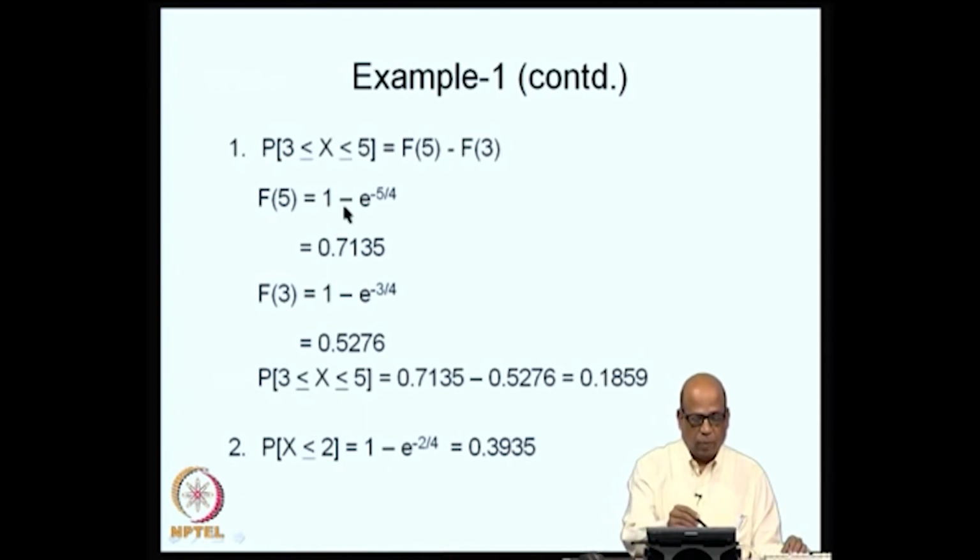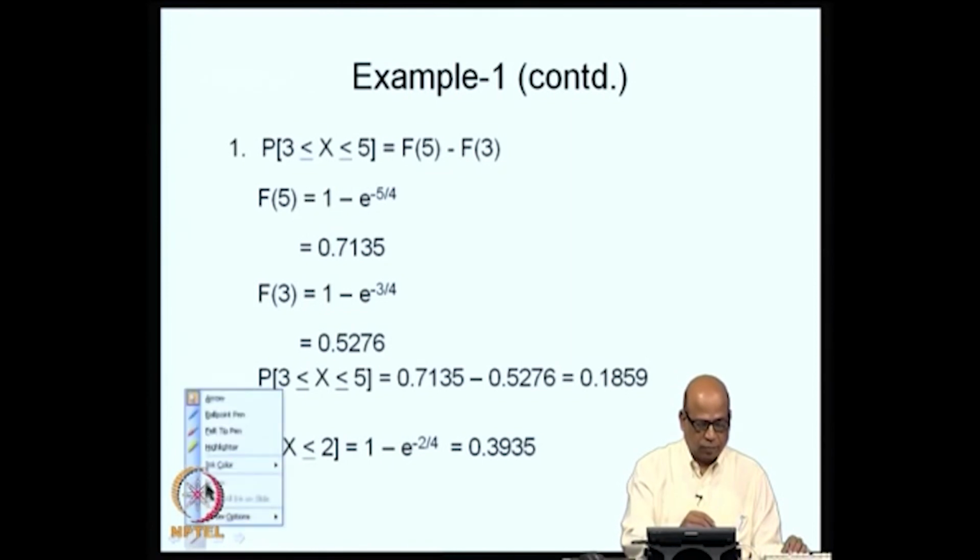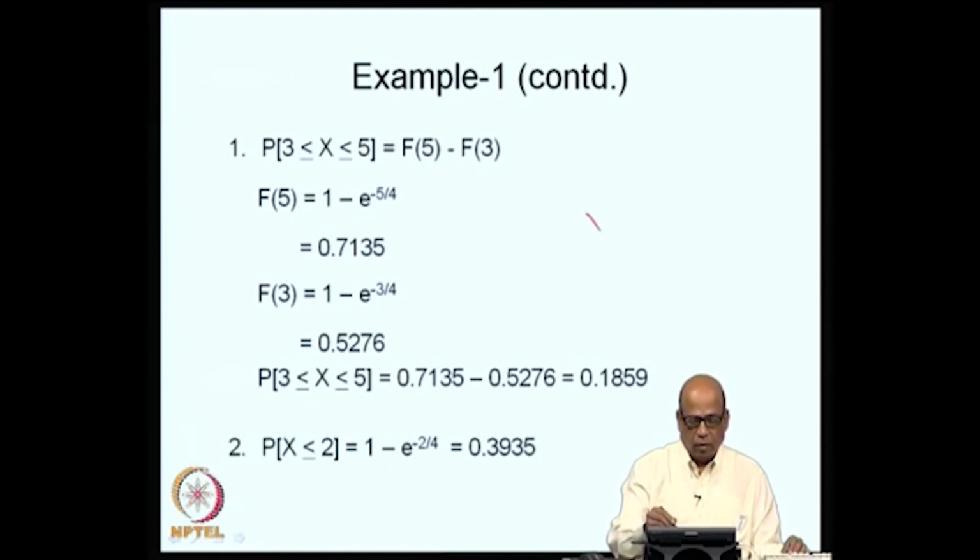Remember, for the exponential distribution, F of x is equal to 1 minus e to the power minus lambda x. In this case lambda is equal to 1 by 4, and x is the specific value for which you are looking for F of x.